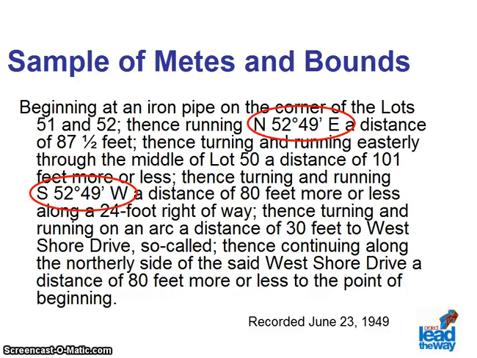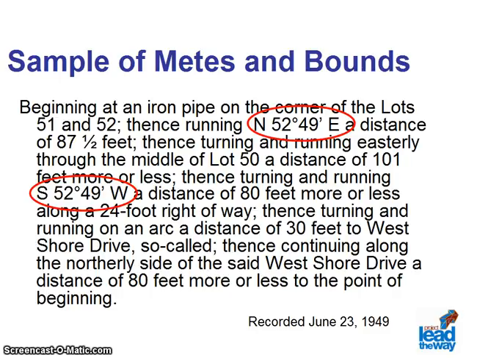Thence turning and running south 52 degrees 49 minutes west, a distance of 80 feet, more or less, along a 24-foot right-of-way. Thence turning and running on an arc, a distance of 30 feet to West Shore Drive, so-called. Thence continuing along the northerly side of said West Shore Drive, a distance of 80 feet, more or less, to the point of beginning.